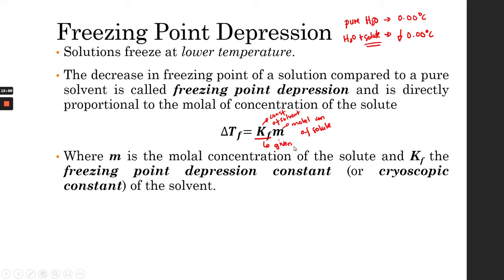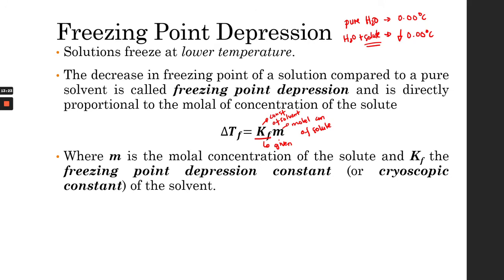Also, you can search different freezing point depression constants of different solvents sa internet, or there are a lot of them in books. So again, remember, usually given naman yung Kf, maliban na lang kung syempre ito yung sinosolve mo. Usually, bibigay nila yung delta temperature or the freezing point depression and yung molar concentration.